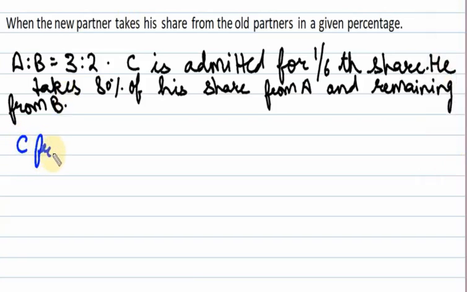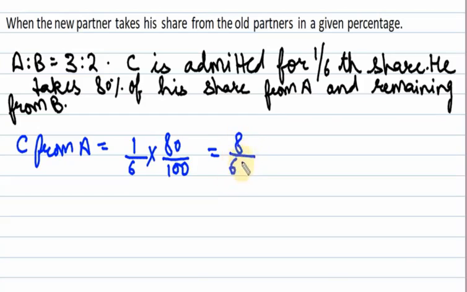C from A, 80% of 1/6. You will find out, say it is 8/60. Or you can say it is 2/15.